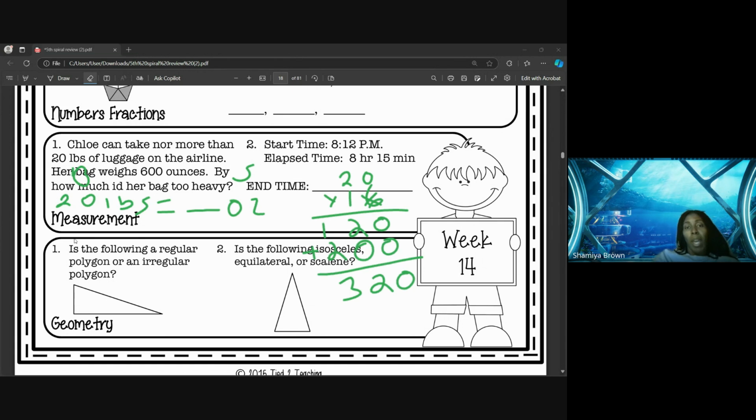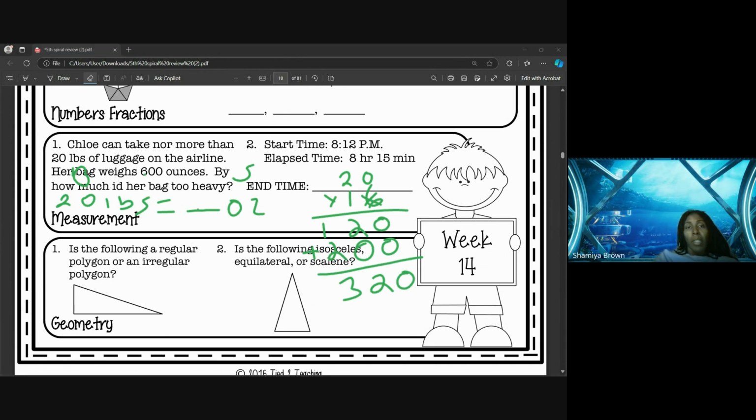So yeah, it says her bag weighs 600 ounces, but she can take no more than 20 pounds of luggage, which would be 320 ounces. So I need to see how much more her bag weighs than it's supposed to weigh.